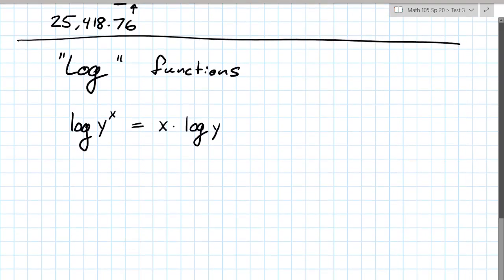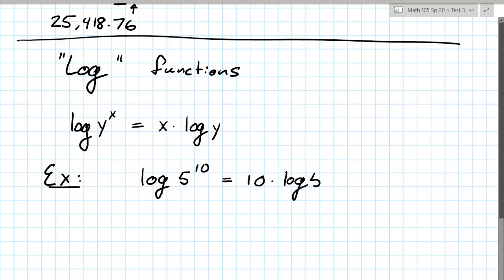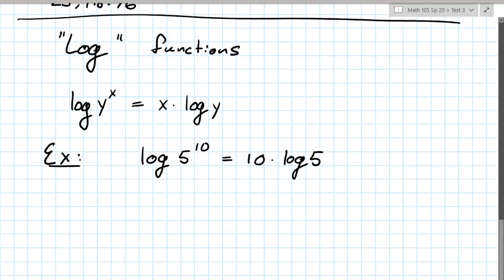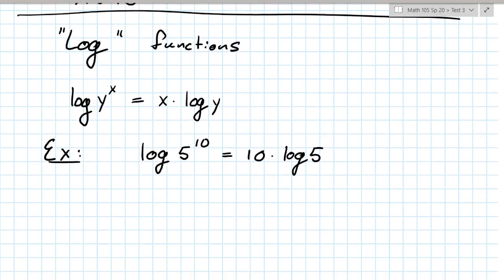So as an example of this, if I write the log of 5 to the 10, that's the same as writing 10 times log 5. What else do we need to know? Well, we need to know what this is equal to. And fortunately, most of our calculators have a button that says log on it.